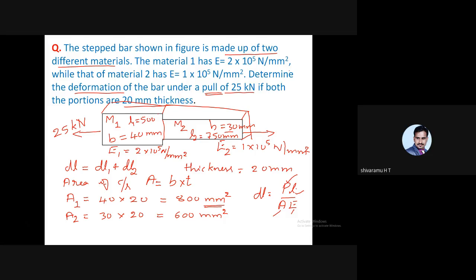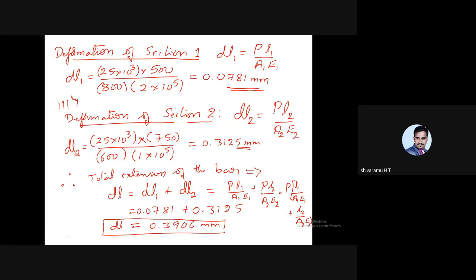The thickness of both portions was given as 20 millimeter, and the breadth is given, so you can find the area; length and Young's modulus are given. Both portions are subjected to the same tensile load of 25 kilonewton. So the deformation of section 1 is dl1 equal to P l1 divided by A1 E1, where l1, A1 and E1 are known, and P is common for both sections.